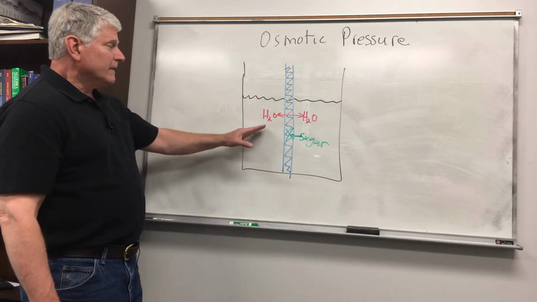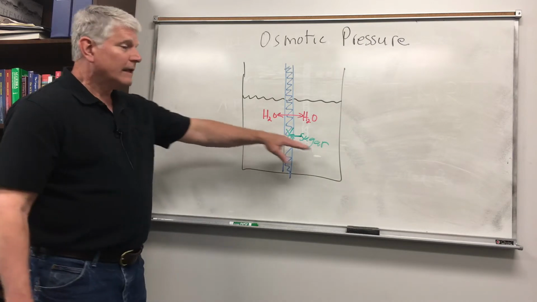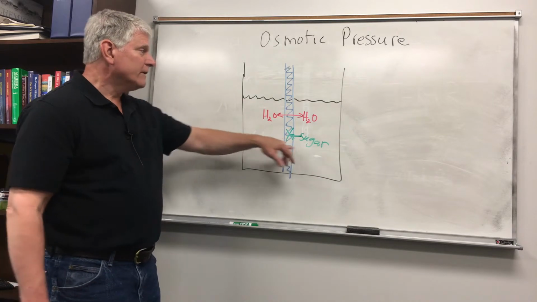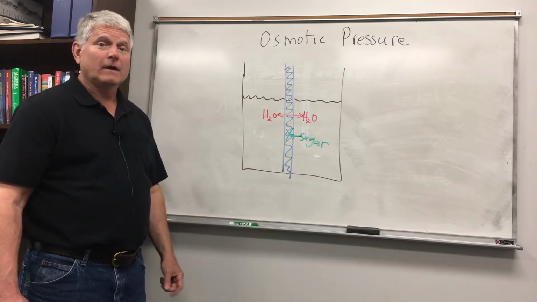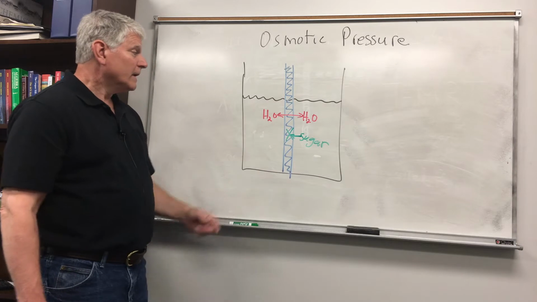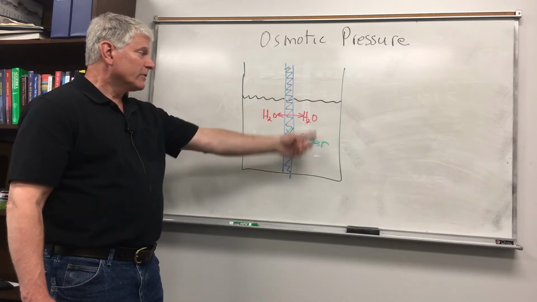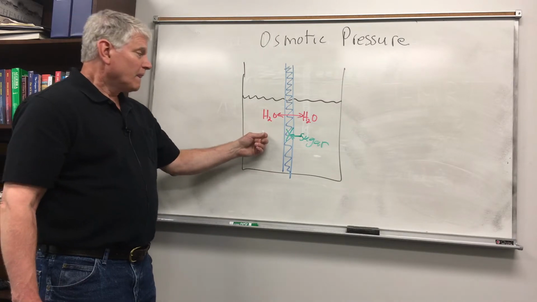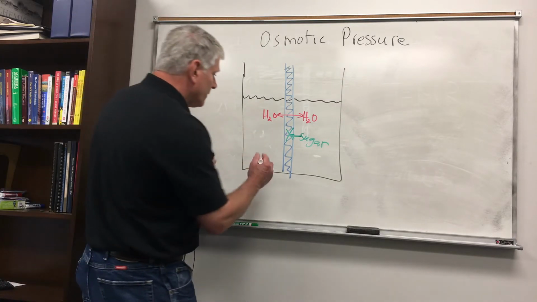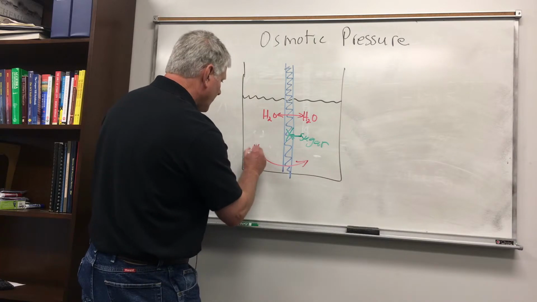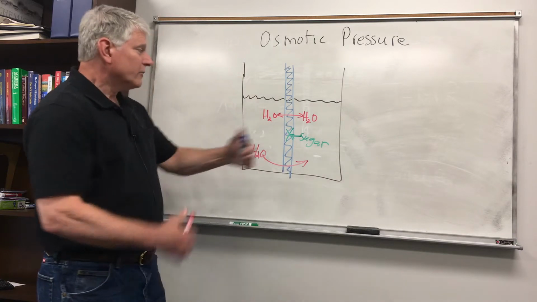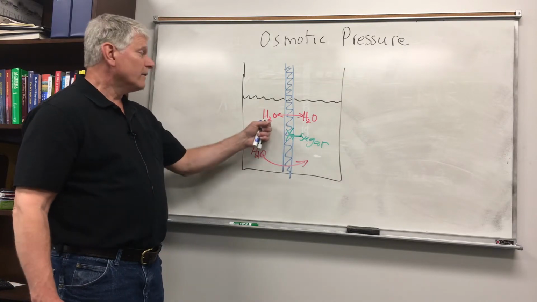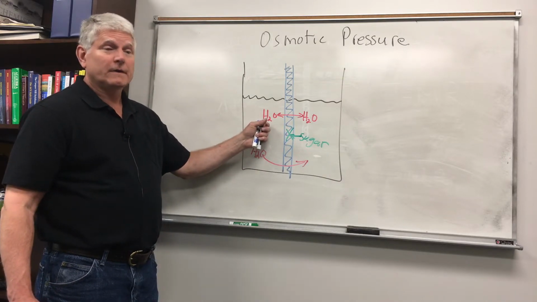So what happens is we create an osmotic pressure because the concentrations want to be the same on both sides of this divider. So here we have a sugar solution, here we have pure water. So water will flow from left to right to try to dilute this sugar concentration so that it would match pure water.